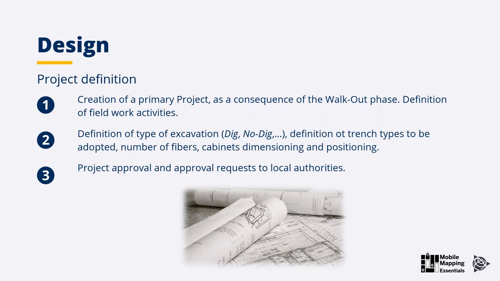Once this information reaches the office, there is the chance to start working on the project definition. That means understanding, according to where the line has to be installed, which kind of trenching activity has to be done, maybe the dig approach or the no-dig one, maybe using existing ducts for the cables, and which kind of approvals are also needed in order to start the on-site activity.